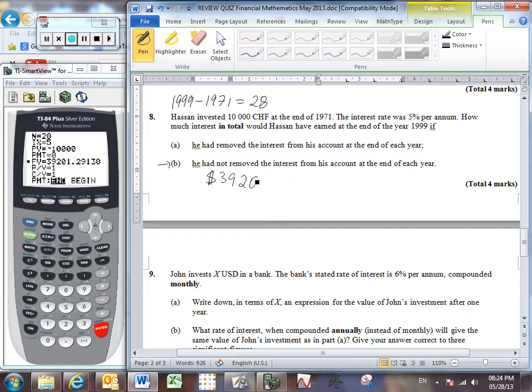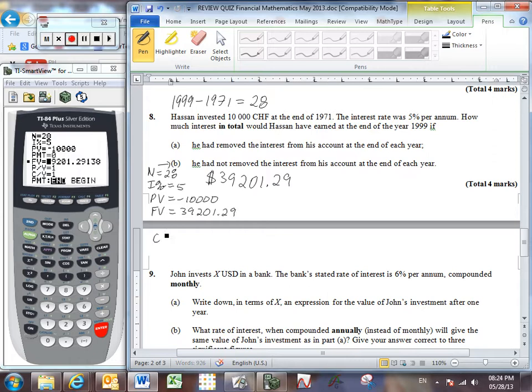So 39,201.29. And as always, we should write down the finance screen. N is 28, I percent is 5, my present value, negative 10,000. The future value becomes 39,201.29. And I should probably include the C over Y and the P over Y as well.